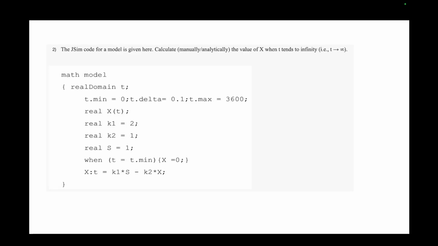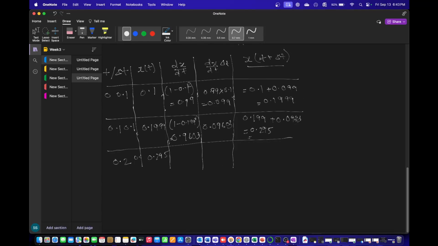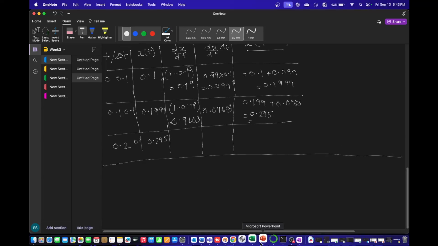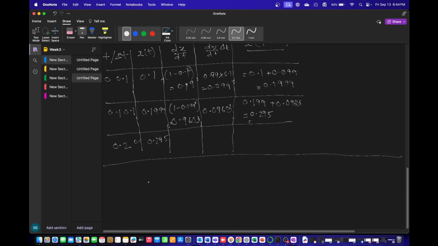Can you provide the calculations? Yeah, okay, let's do it. So your equation is dx/dt equal to k1 s minus k2 x, right?